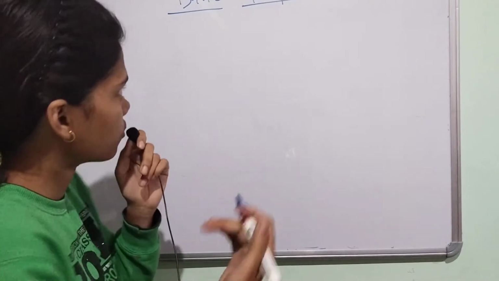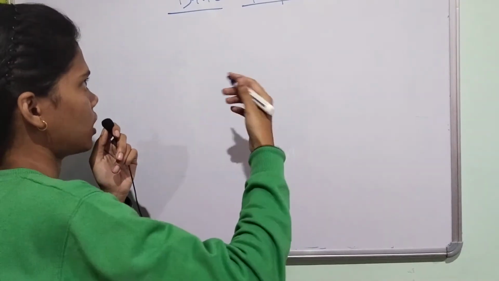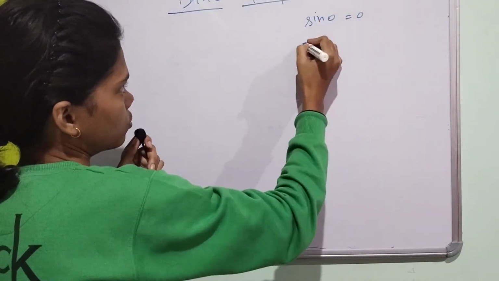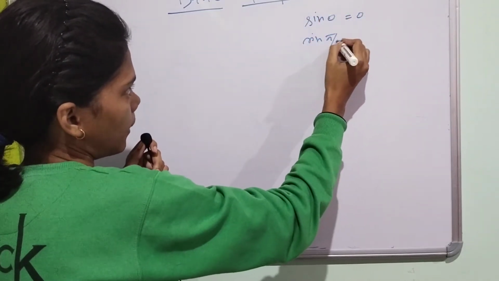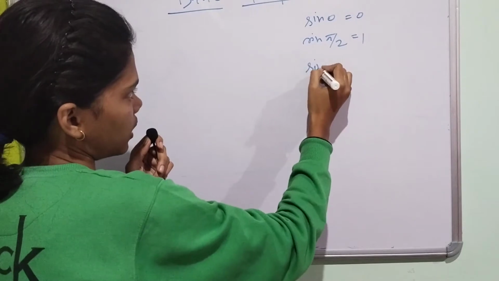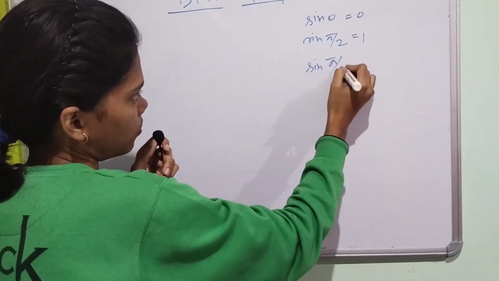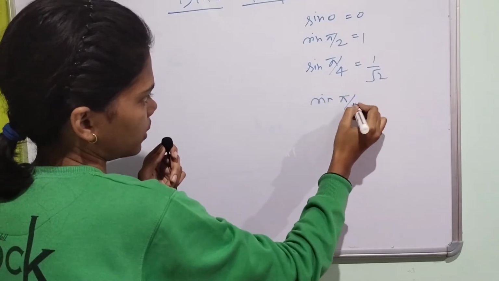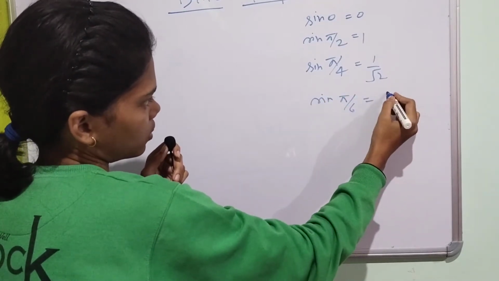Before drawing the graph, we must know some values of sine, like sine 0 is 0, sine 90 is 1, sine of pi by 4 is 1 by root 2, sine of pi by 6 is 1 by 2.